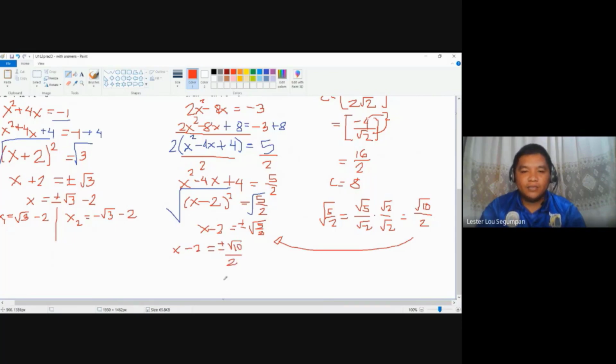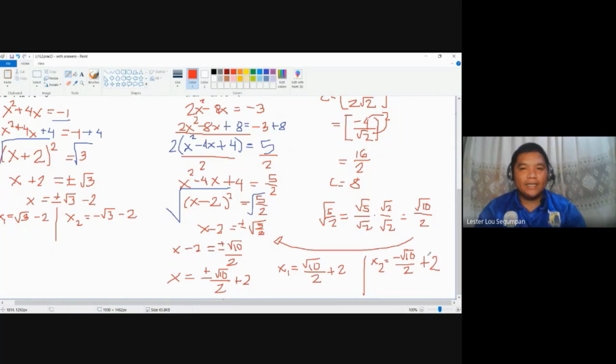And then you add both sides by 2, you have x is equal to plus or minus square root of 10 over 2 plus 2, which could actually be separated into the first root, the positive square root of 10 over 2 plus 2, or the second, which is negative square root of 10 over 2 plus 2.